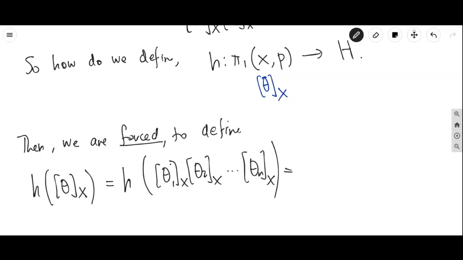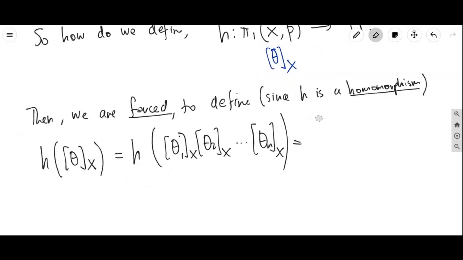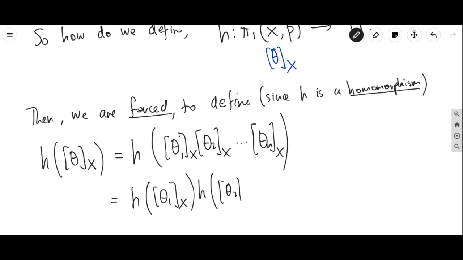We are forced to define, since H is a homomorphism, H applied to a product, by definition of a homomorphism, is the product of all of those. So it's equal to H of theta 1 of x, H of theta 2 of x, H of theta n of x.